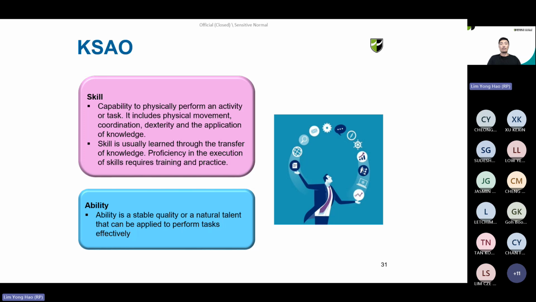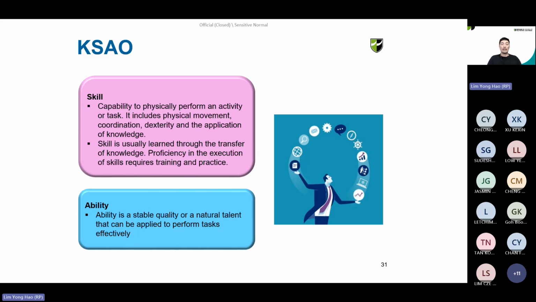Certain people may be good at communicating, some may be good at numbers, some may be good at working on certain equipment. These come a bit more naturally. You can call them talent. It's more stable. It's possible to become better, but it's harder to change very drastically within a short period of time.